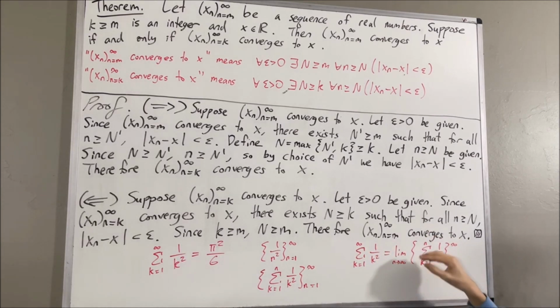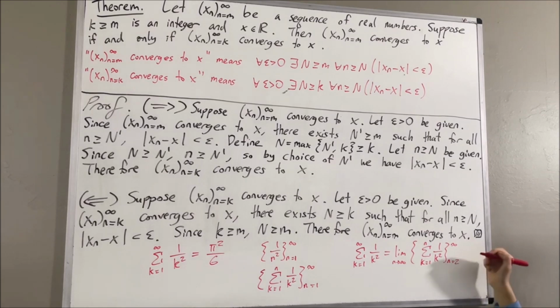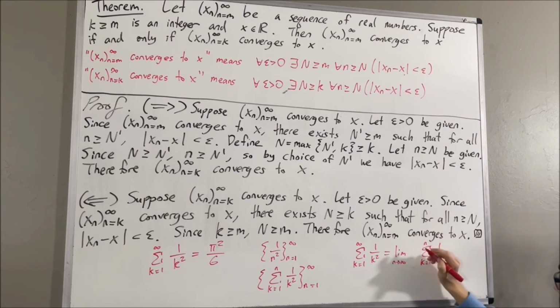But remember, it doesn't matter what the starting point of our sequence is. So we could change this from n equals 1 to n equals 2. As you can imagine, it's going to converge to the same value. If we change it to n equals 17, it'll still converge to the same value. And so, unambiguously, we can just write this as follows: the limit as n approaches infinity of this sequence of partial sums.